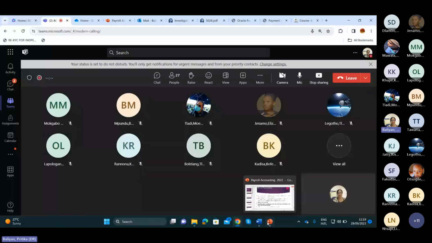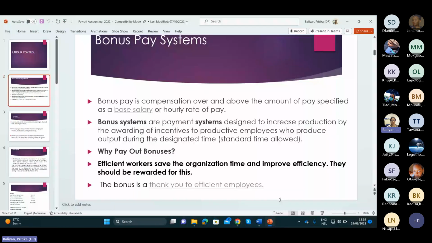So now we are talking about the third system of payment, which is known as the bonus pay system. The bonus pay is the compensation over and above the amount of pay specified as a basic salary or hourly rate paid.